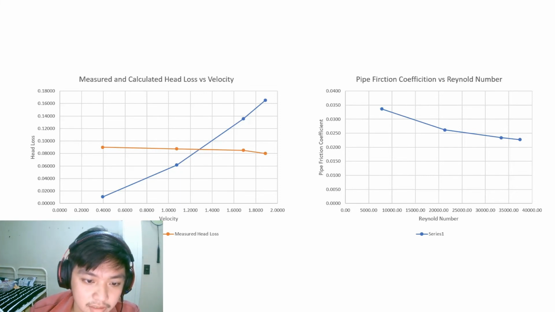As the velocity increases, the calculated head loss also increases. But for the pipe friction coefficient versus Reynolds number, as the Reynolds number increases, the pipe friction coefficient decreases.